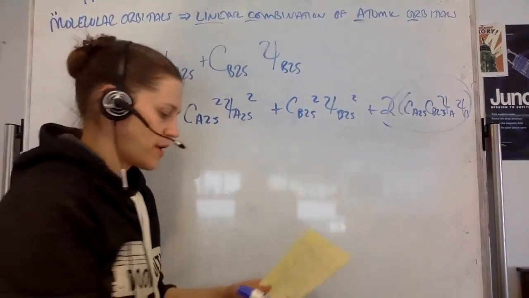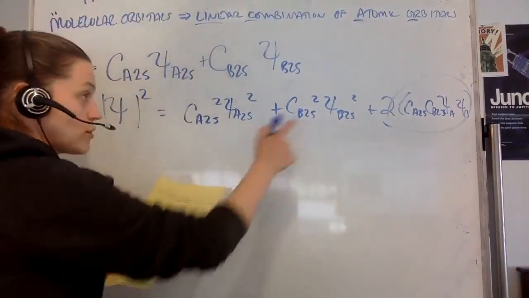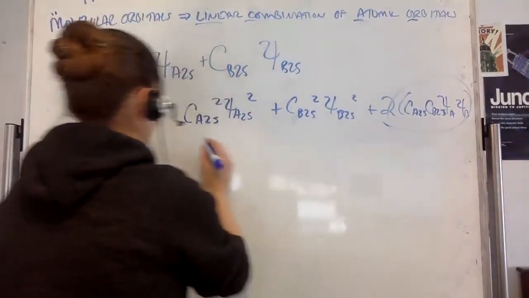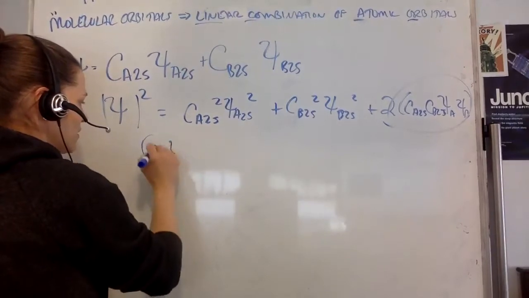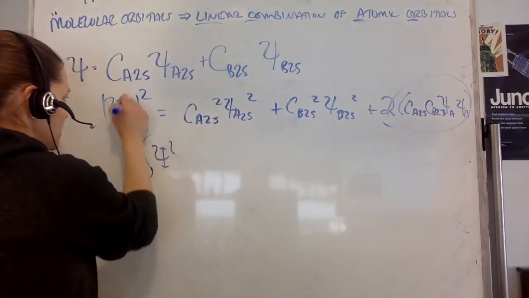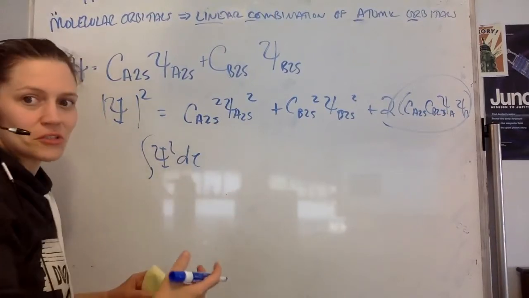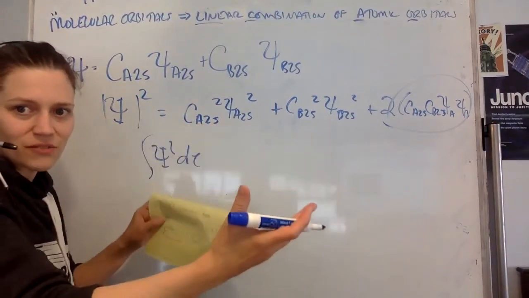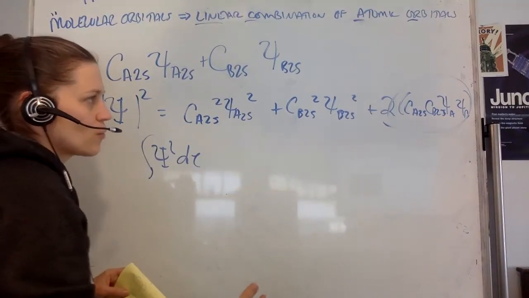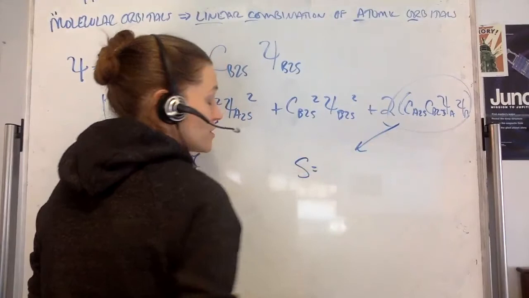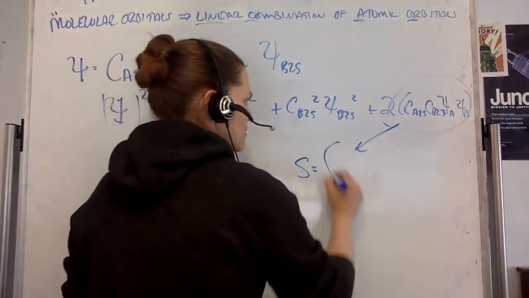And so how much your overlap integral, then this becomes then, if you integrate all of these, integral big psi squared d tau, this becomes however much the extent of your orbital. But then here, this is your overlap integral.